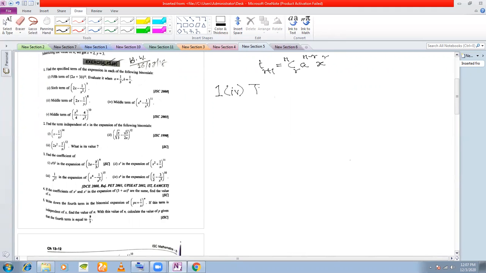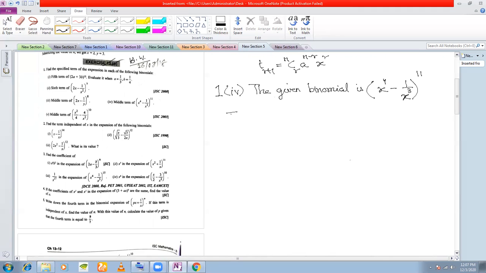Okay, so the given binomial is (x to the power of 4 minus 1 by x cubed) to the power of 11. Now see, this is an odd power. So definitely there will be two middle terms in this case.